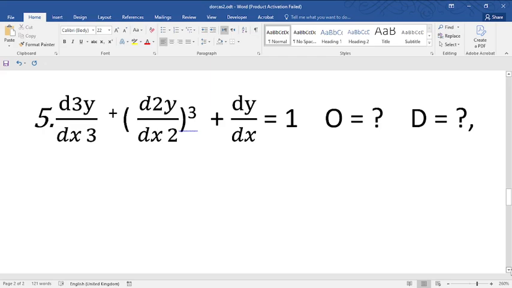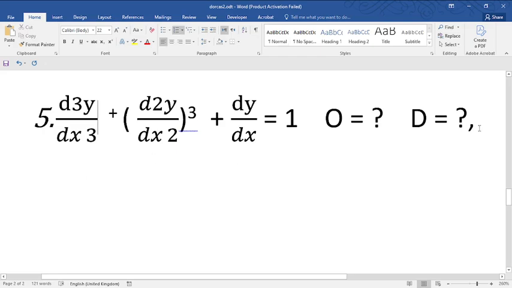So this question number 5 here, we are having the cube y all over the x cube plus the square y all over the x square, all to the power of 3, plus the y all over the x equals to 1.